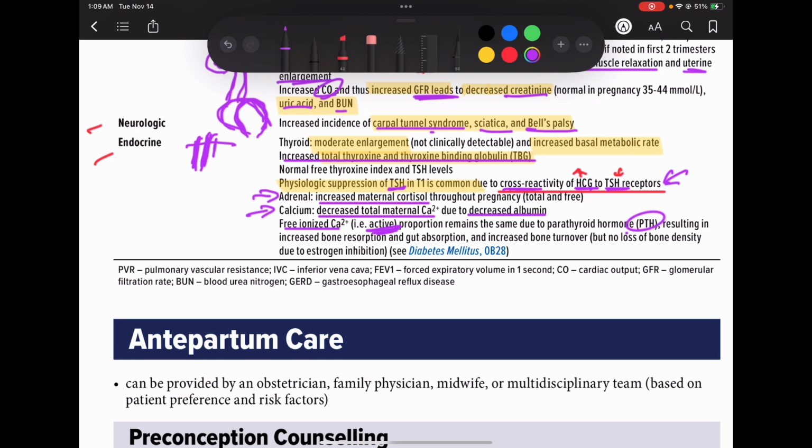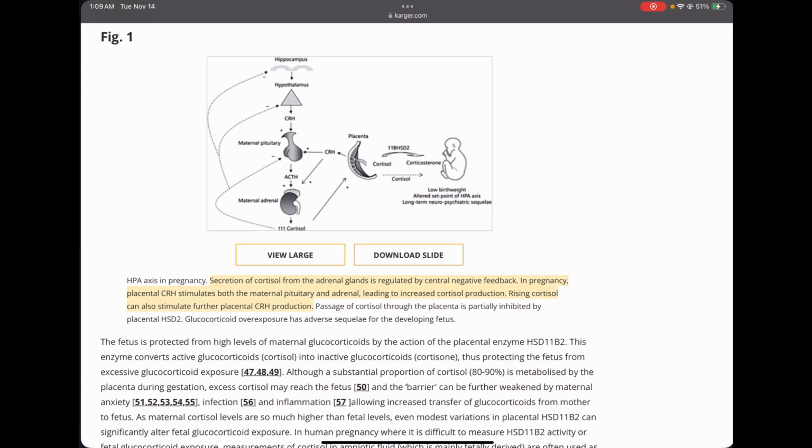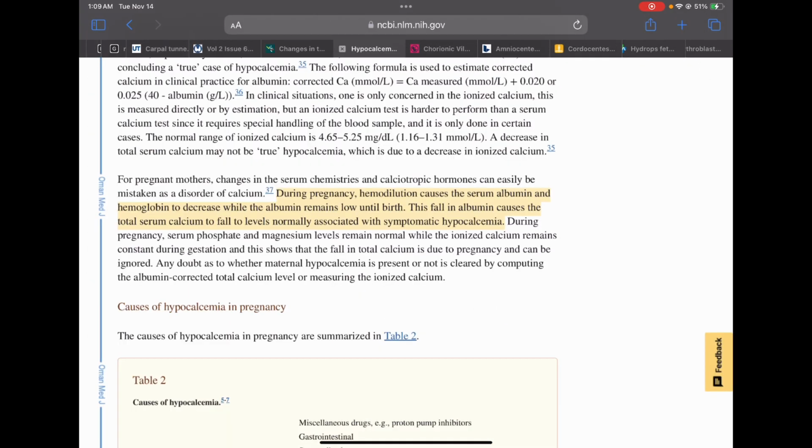It is controlling it. Parathyroid hormone would increase bone resorption, increase gut absorption, increase bone turnover, and keep the free ionized calcium normal. But because of the decreased albumin, and decreased albumin is also caused right here.